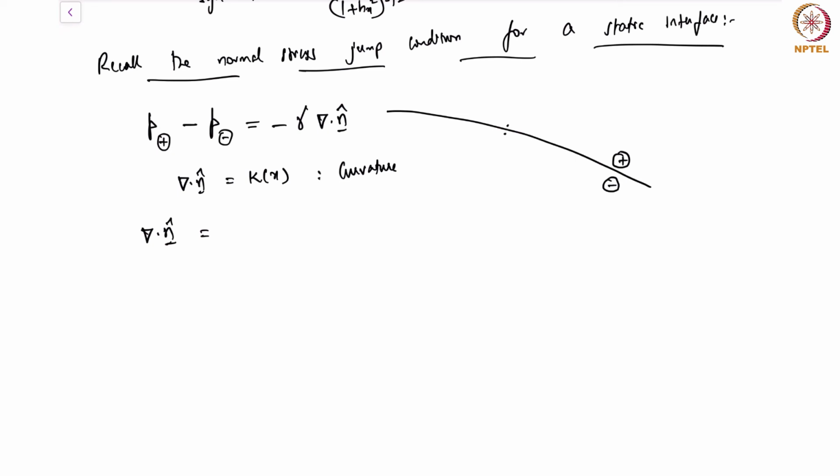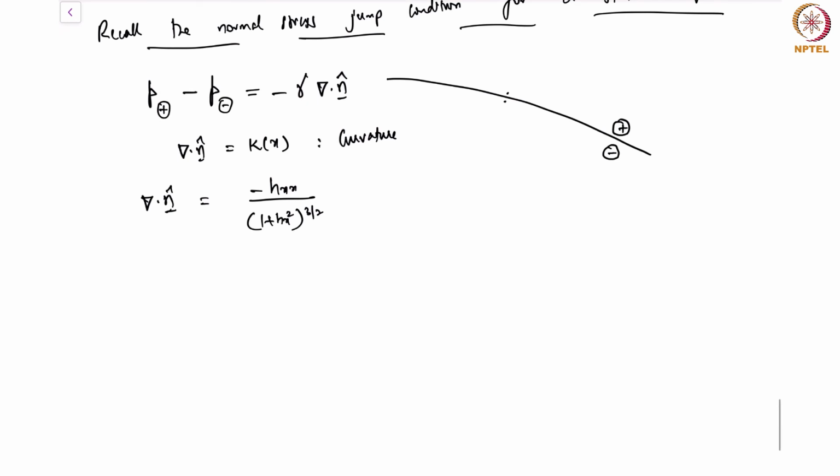We had also written down the expression for the normal vector n in 3 dimensions, but you can just ignore the variations of h with respect to y and calculate del dot n, and this will turn out to be minus hxx by 1 plus hx square whole power 3 by 2. Okay. Now let's understand what is p plus and p minus.